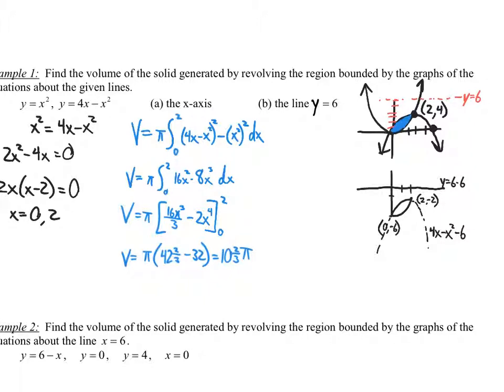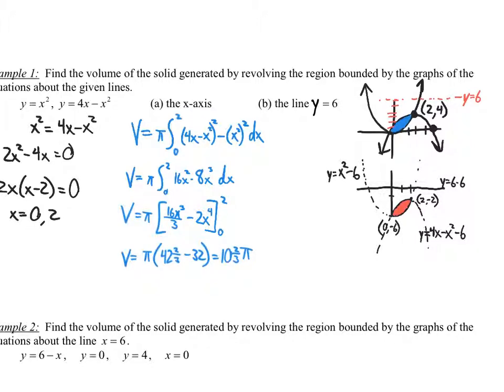I just do minus 6 at the end. And this, that was just y equals x squared, I'm now going to make it into x squared minus 6. Okay? And now I have this, and everything's been shifted down 6 units, so I can use the formula we've got. Okay?